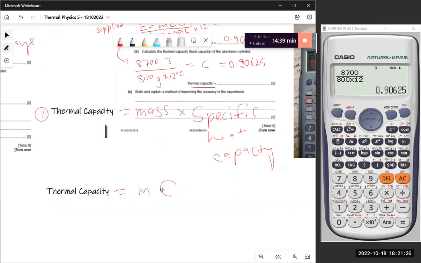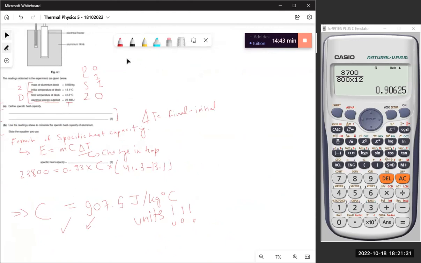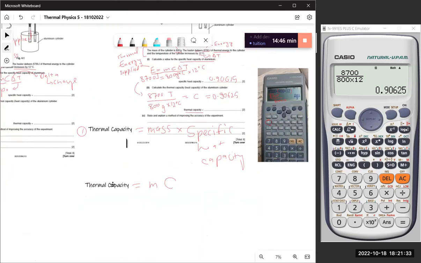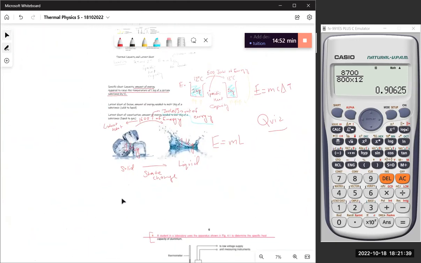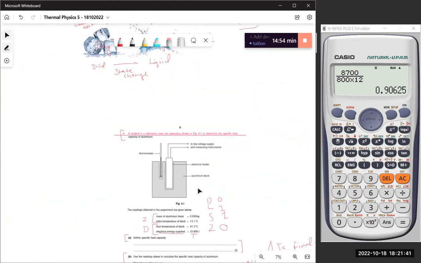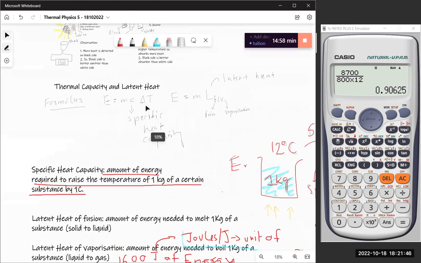Done, sir. Now look at the other formulas. Let's take it from here. So the formulas are here: E equals MC delta T, equals ML.